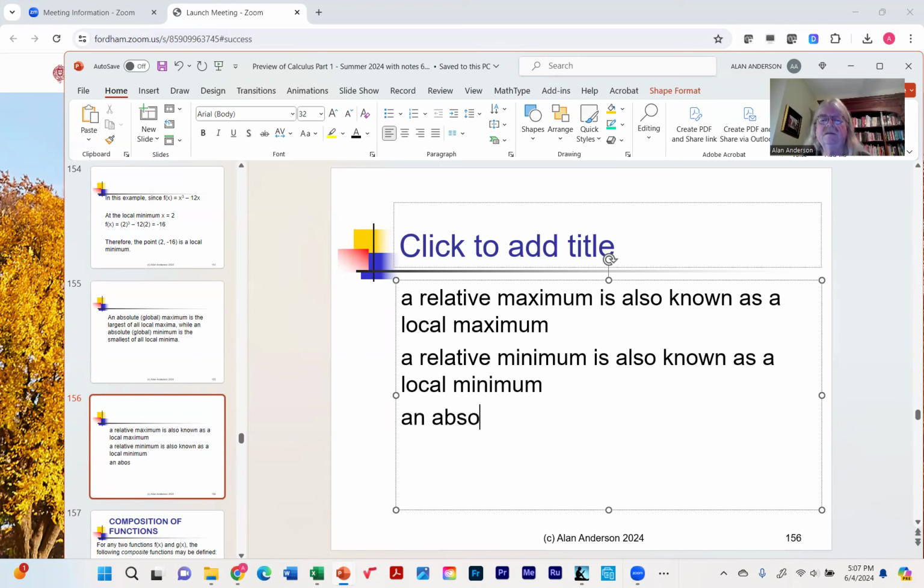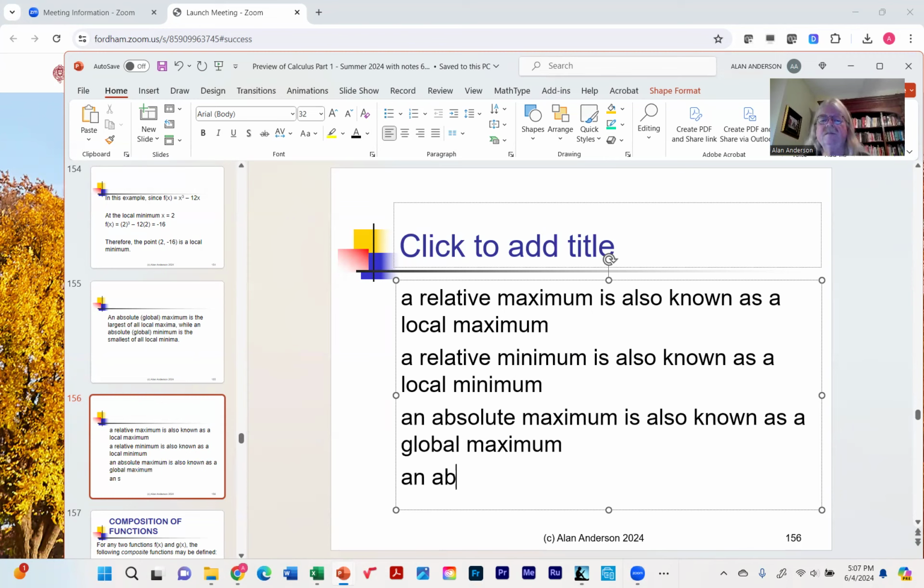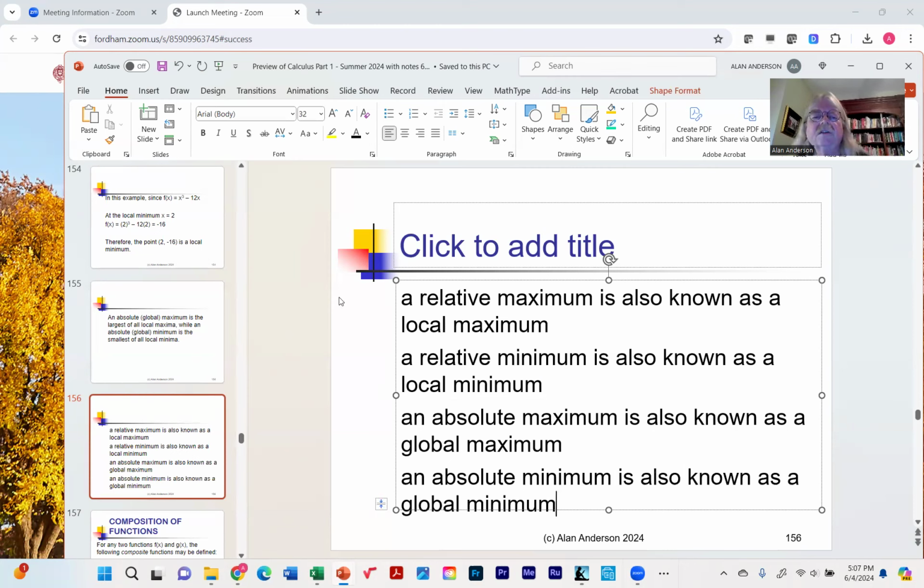An absolute maximum is also known as a global maximum. And then finally, an absolute minimum is also known as a global minimum, as you can imagine. Just as a quick reminder, the words relative and local mean the same thing. Absolute and global mean the same thing.